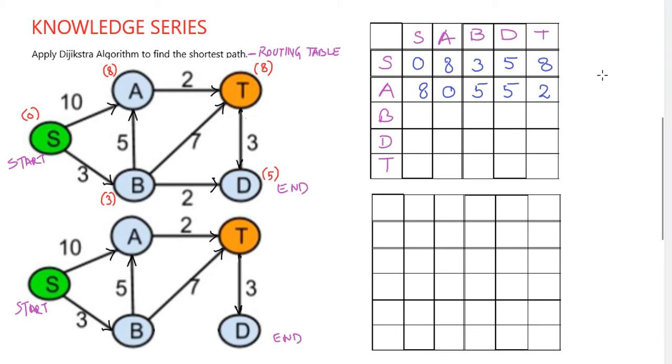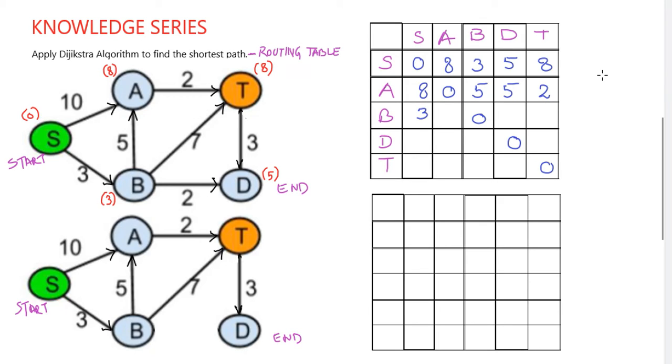Now coming to B to B itself, it is 0. Those things we can do directly. D to D is 0 and T to T is 0. That is straightforward. Now coming from B to S, this is 3. So automatically B to S will be 3.